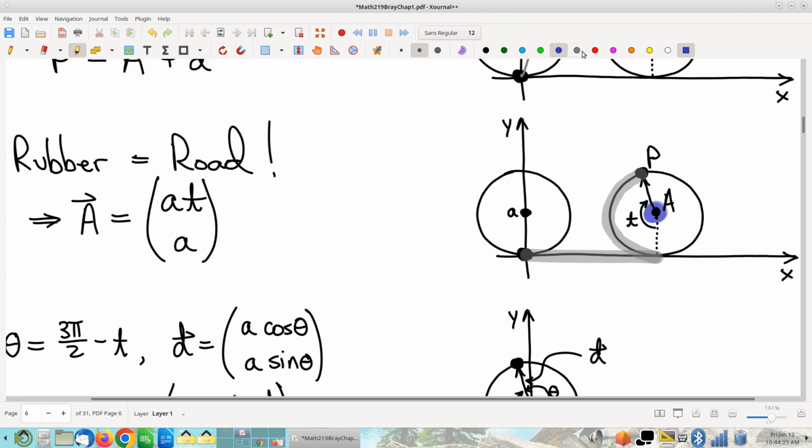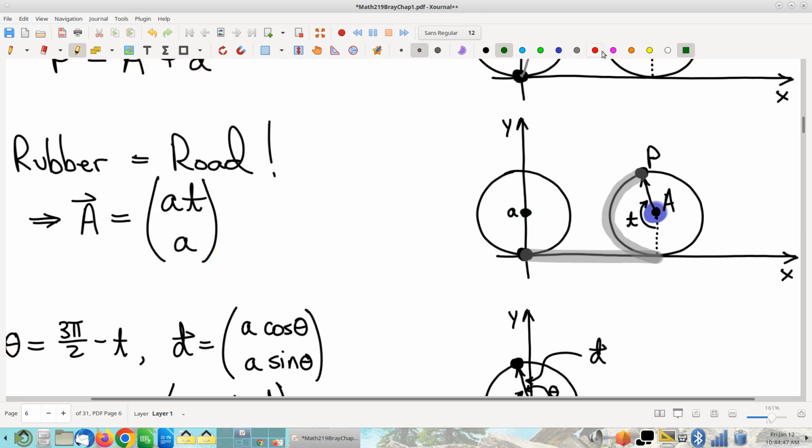Very convenient. Notice that the y-coordinate is always A. This is a straight horizontal line, so as the axle moves along, the y-coordinate never changes. So let's just write that down. Got one in the win column, right? Nothing to it.